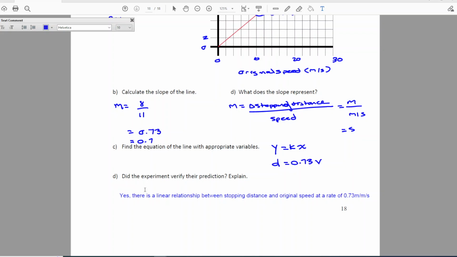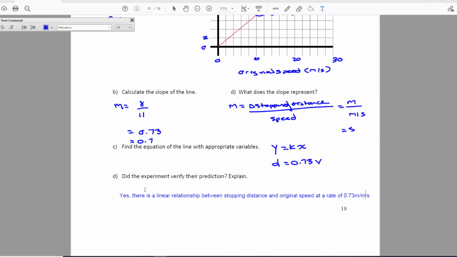So what that means is that you need 0.73 meters for every meter per second change of your original speed. Hopefully that makes sense. Or it would take 0.73 seconds to stop for every, anyway, whatever, it's fine.